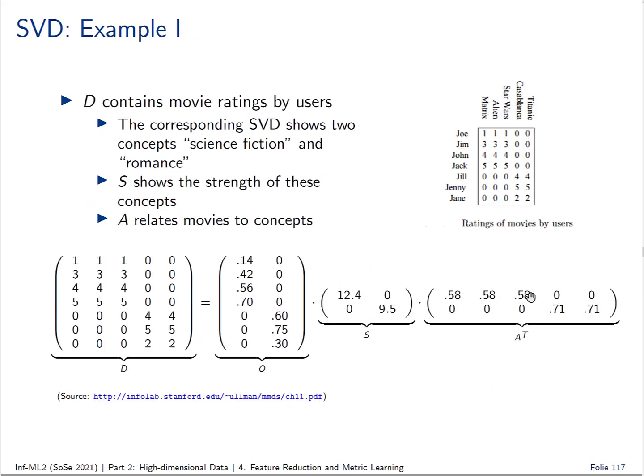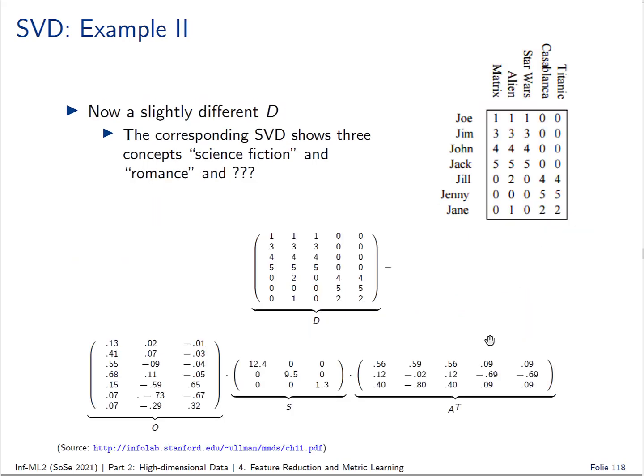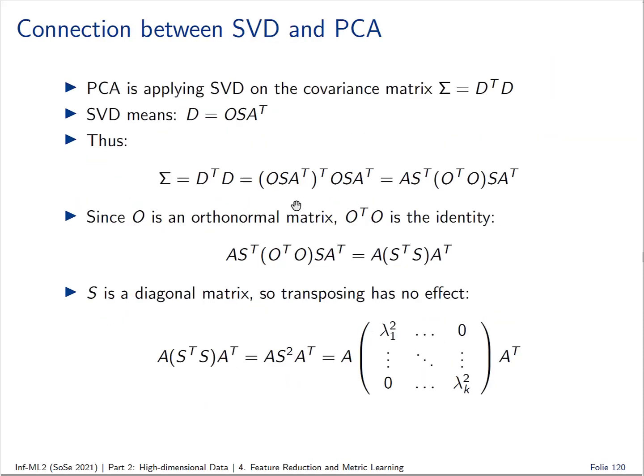For example, this row here is the new feature that summarizes the first three features that are connected to our first concept, and the second row is the summarization of these two features that are connected to the second concept. The same holds true here, of course, with this one. So that is the formal derivation that this is actually true, and the singular values are the squared eigenvalues.